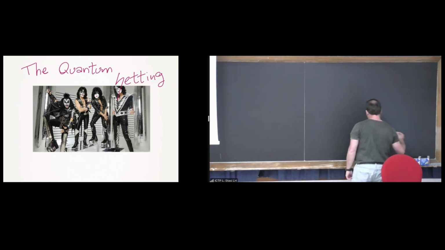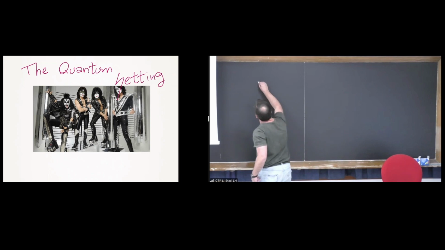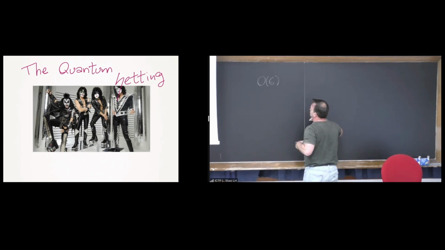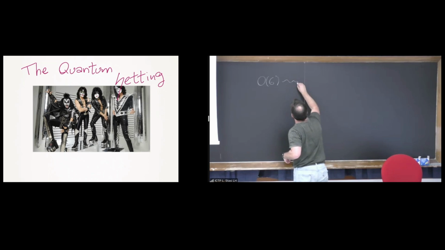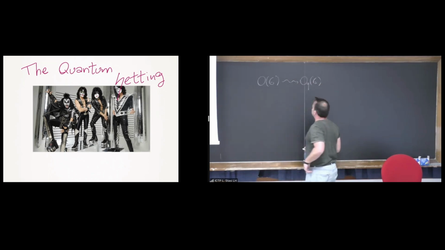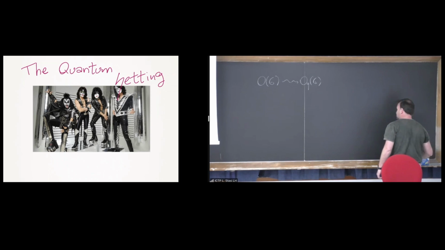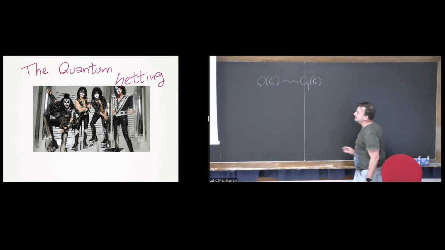We want to take our classical object, the coordinate algebra of a group, and define something like a deformation. How do we do that? One idea works in the general case.